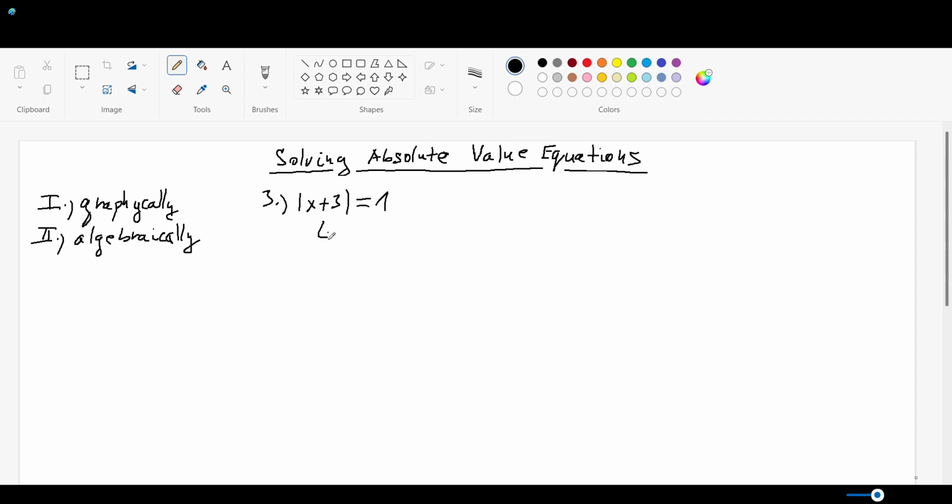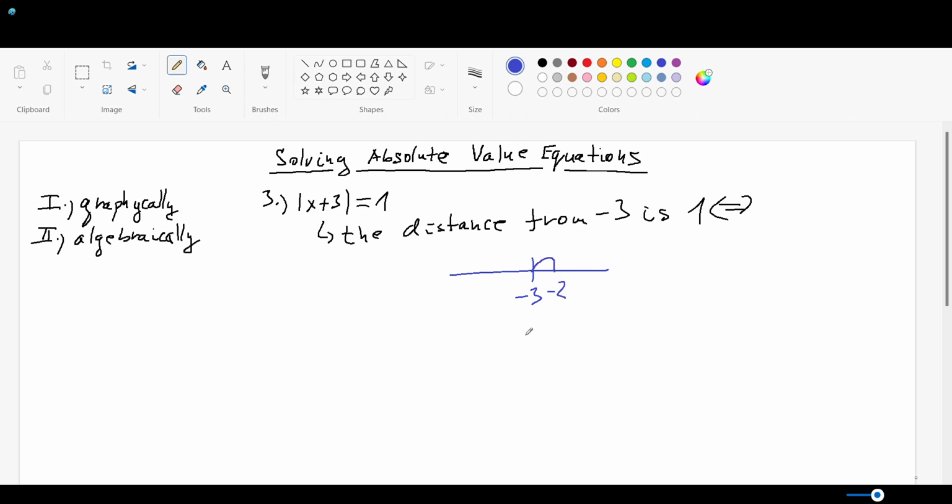Yeah, so the equation says that the distance from, and now the question is from which number? If you said from negative 3, you are right, is 1. Which means, if and only if, and if you don't know how to calculate it in your head, then it's okay if you sketch the number line. Here is number negative 3, and you travel 1 unit to the right, so you will come to negative 2, and then 1 unit to the left, and you will come to negative 4.